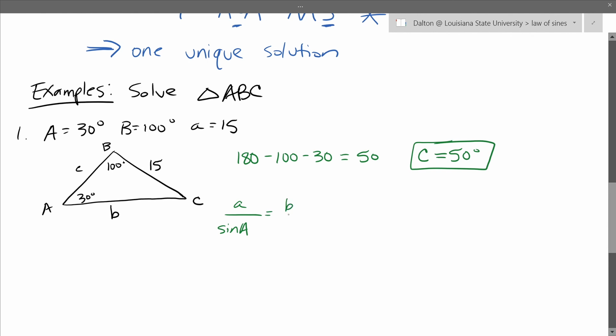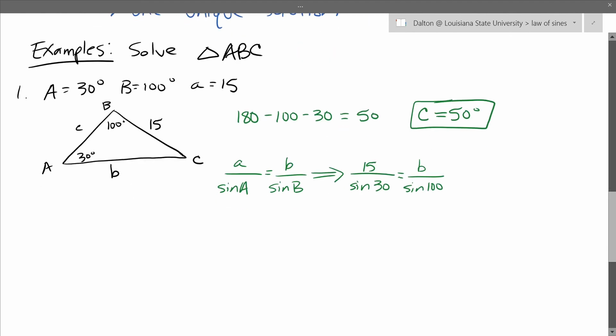So I'm going to say that that equals B over the sine of B. And this implies, let's fill in what we know. We know little a is 15 over the sine of 30 should equal, we don't know little b, so I'm going to leave that variable there, over the sine of 100.